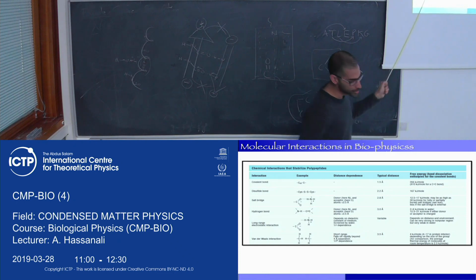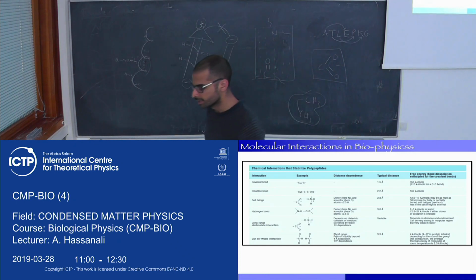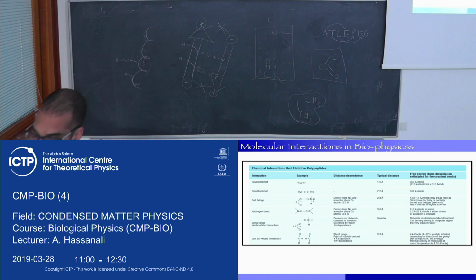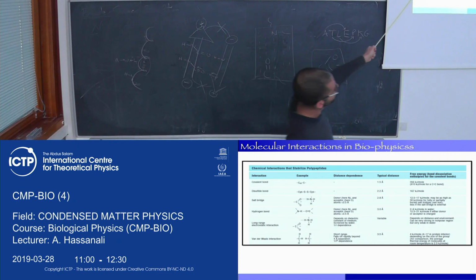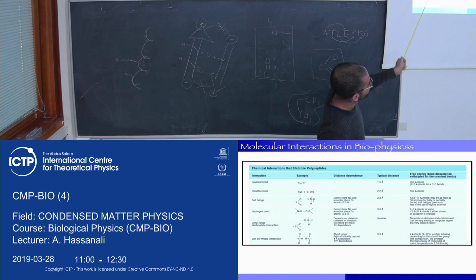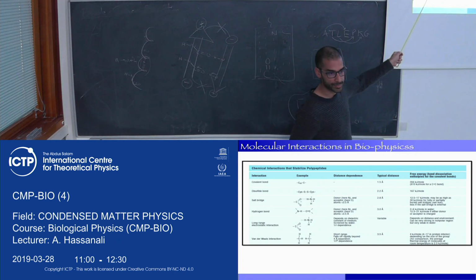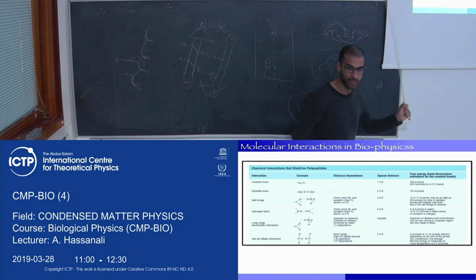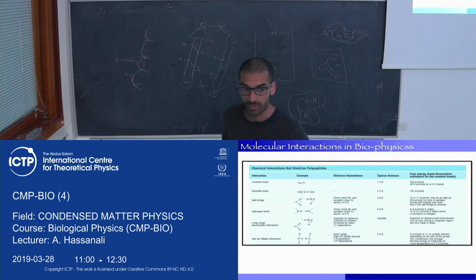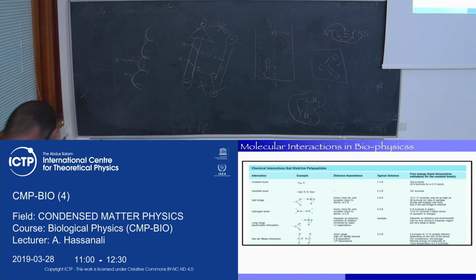One of the things that biology uses a lot is electrostatic interactions, with different amounts of screening. This is a typical electrostatic interaction in proteins: the minus charge that we saw already with a positive charge. This electrostatic interaction goes as 1 over r, it's long range.